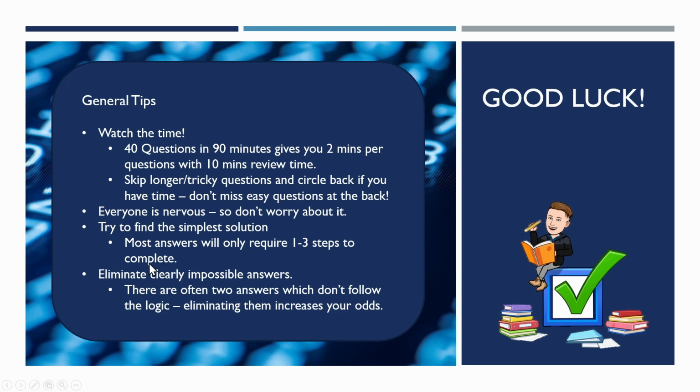And the other thing is, you can really improve your odds if you eliminate the answers that are clearly impossible. There may be something in the loop or some condition which is popping out and says these 2 answers can't be right.